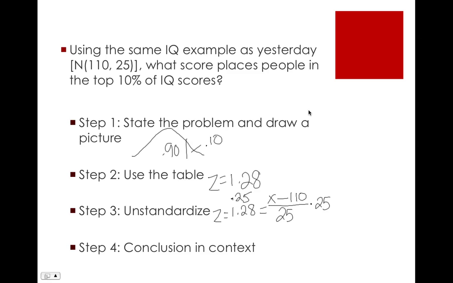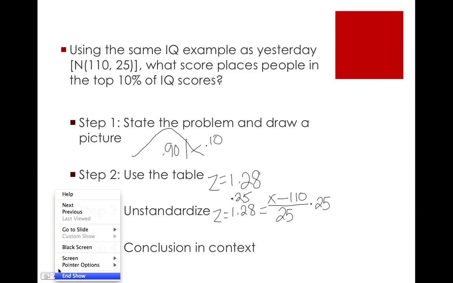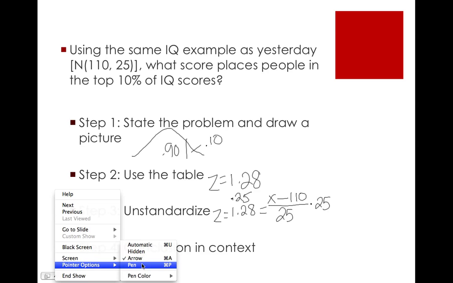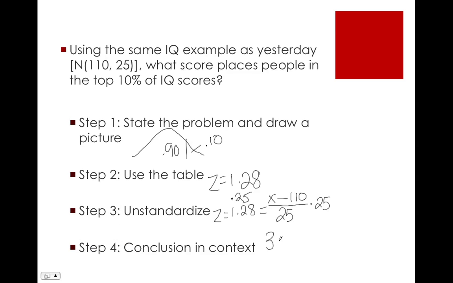Okay, 1.28 times 25 gives me 32. And these 25s cancel out, and I'm left with x minus 110. Now I'm going to add 110 to both sides. And I get x is equal to 142.